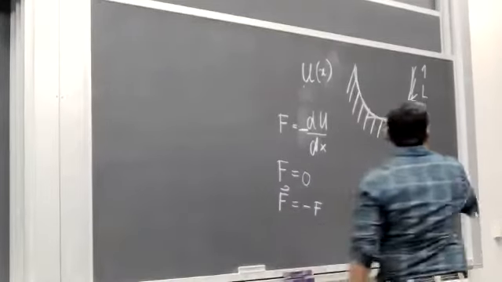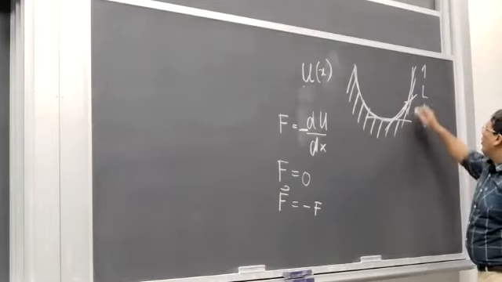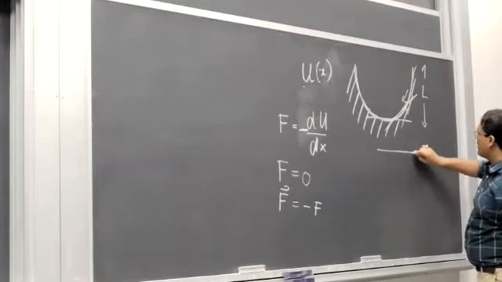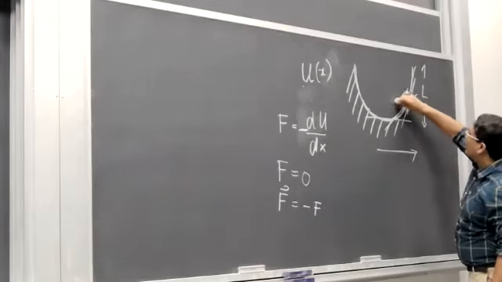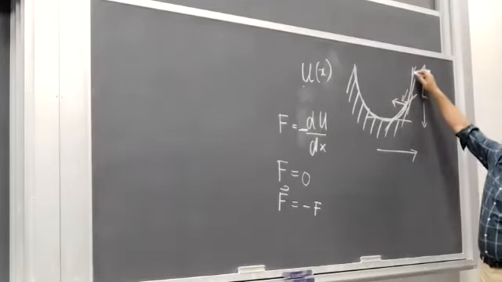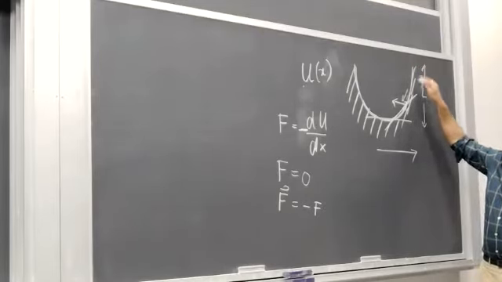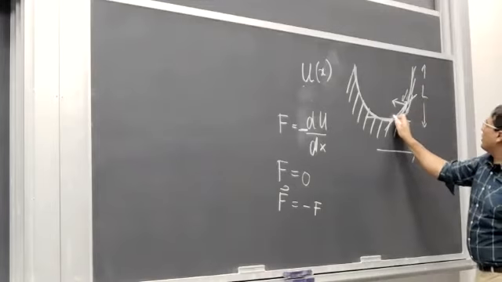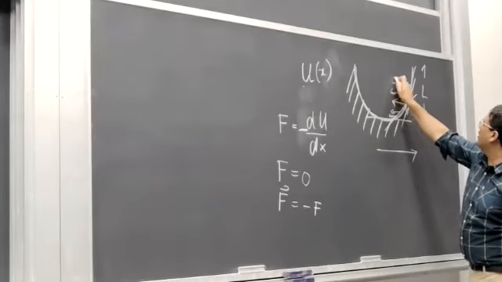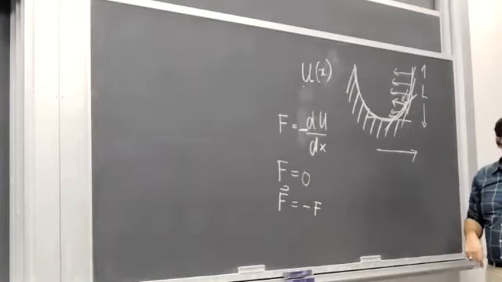It tells us that as you're climbing up the hill or sliding down, the force acting on this object, if this is your axis, is in this direction. Some positive force, and as you go higher up, the force is 0 here, then becomes larger and larger in this direction due to this potential energy.